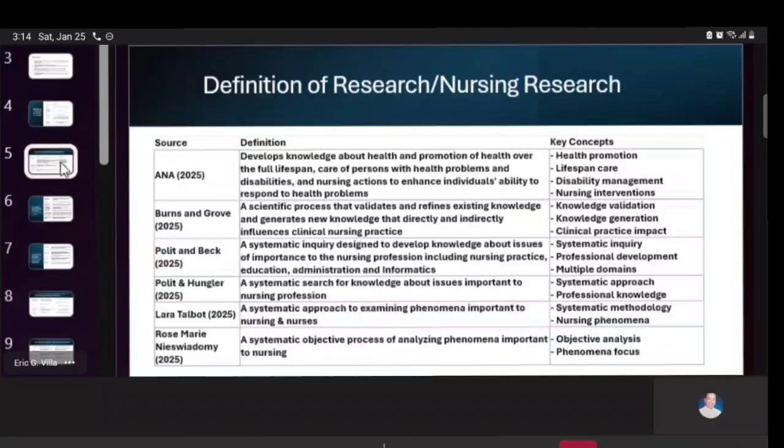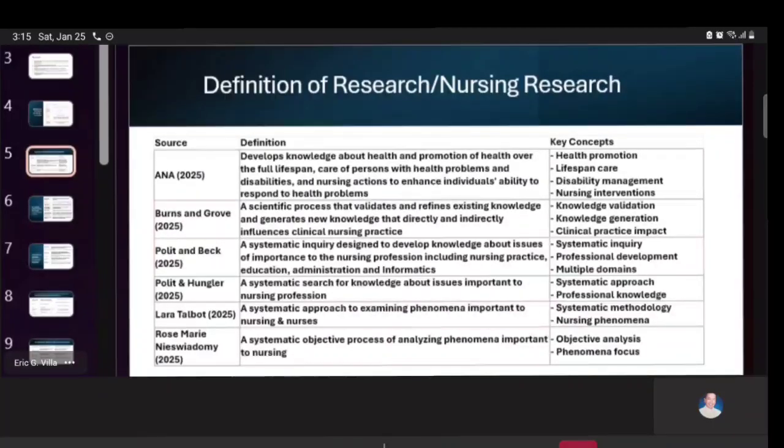Number one, health promotion across the lifespan. Second, care management for health conditions. And the last one is nursing intervention for health responses. This definition uniquely addresses both preventive and reactive aspects of healthcare, highlighting our profession's comprehensive scope.